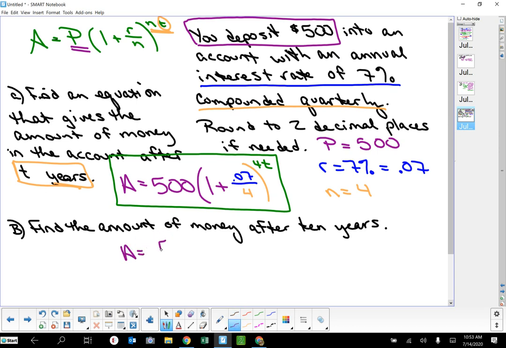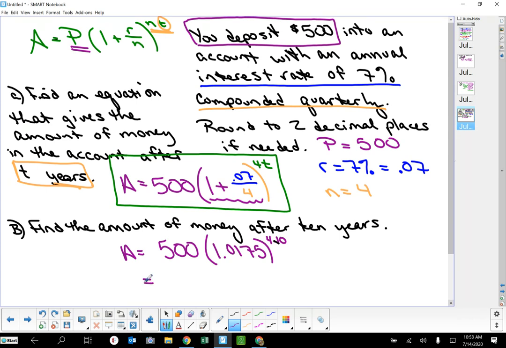So I have A equals 500 times, if you wanted to, you could do 0.07 divided by 4 and then add it to the 1, right? This part all in parentheses. And you would get 1.0175, all raised to the 4 times 10, which would be 40, right?